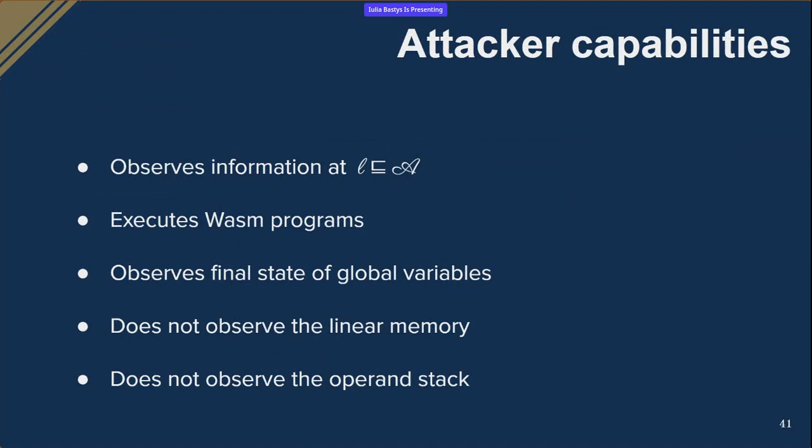An attacker is able to execute Wasm programs and can see the final state of global variables which have a label which is below the label of the attacker. The attacker does not observe the linear memory and does not observe the operand stack.